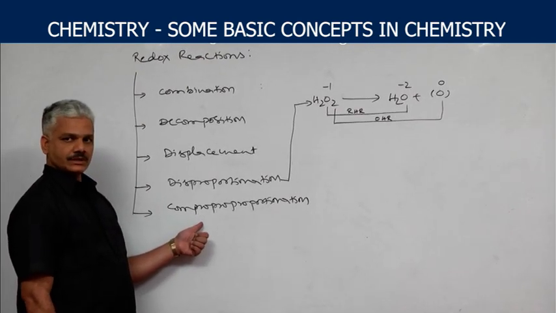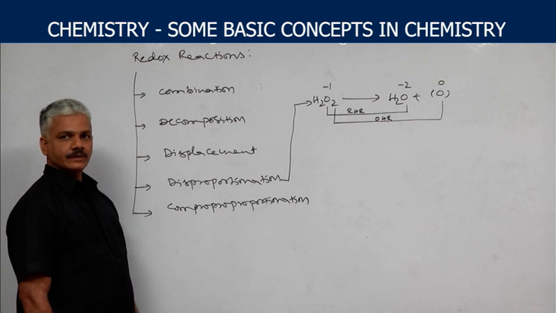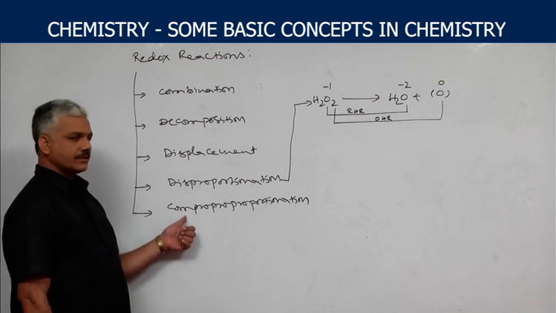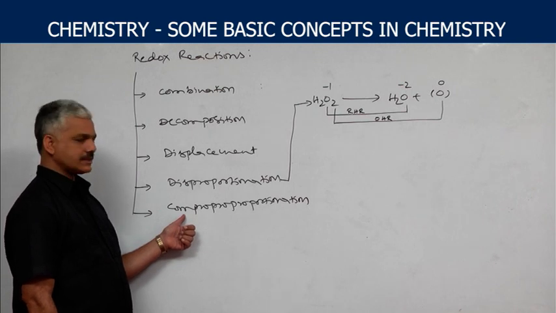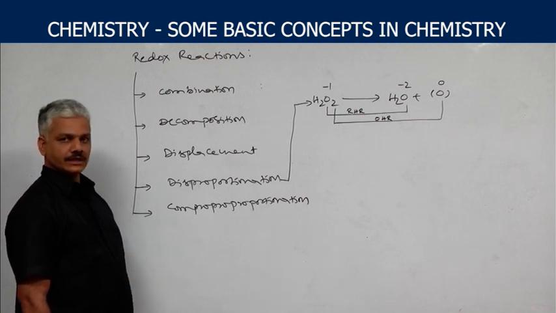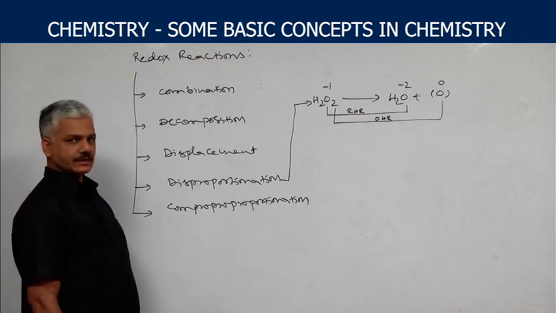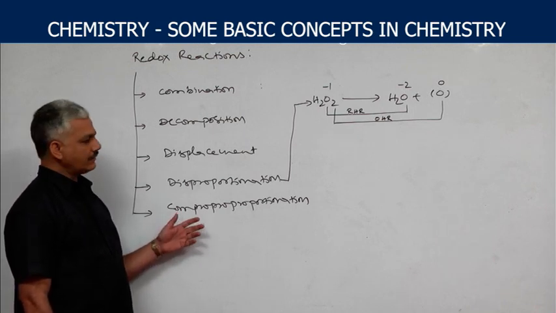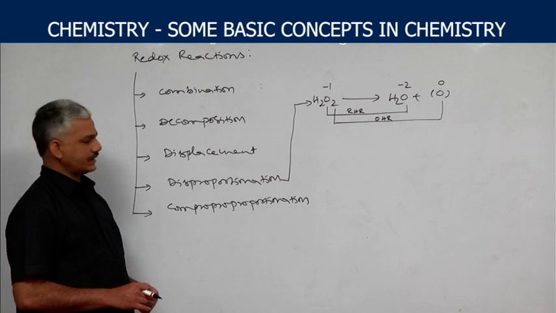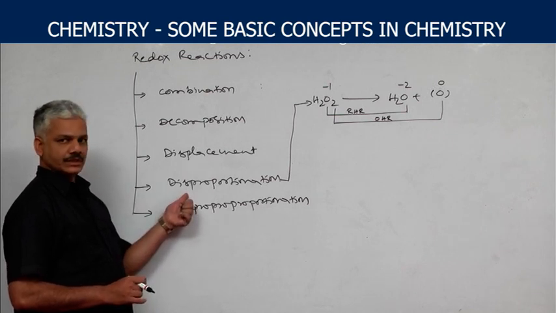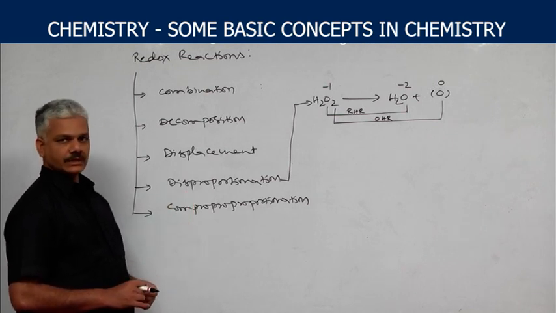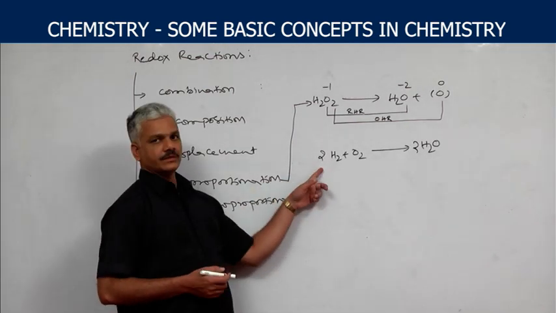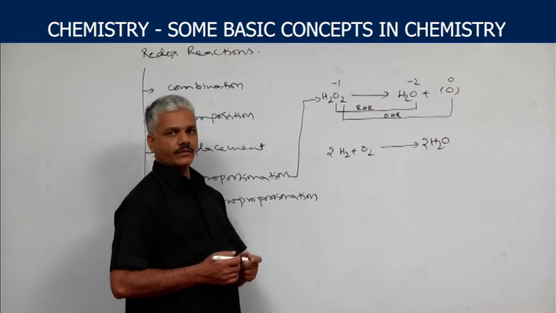Comproportionation reaction is quite opposite to that of disproportionation reaction. In this type of redox reaction also, the same substance undergoes both oxidation and reduction. The difference is that the substance undergoing both oxidation and reduction will be present on the product side, whereas in a disproportionation reaction it will be present on the reactant side. For example, hydrogen combines with oxygen to give water.